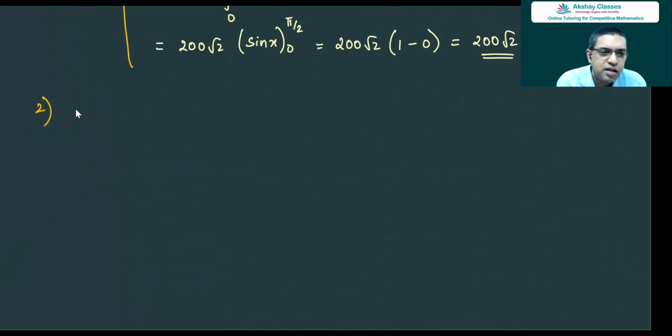Now next, evaluate this integral. Integral 0 to 1000 e power x minus the integral part of x.